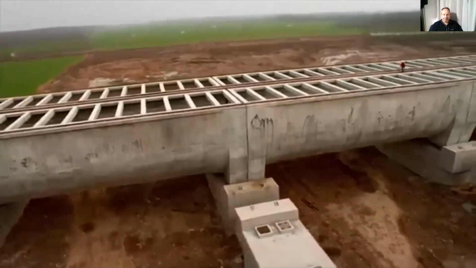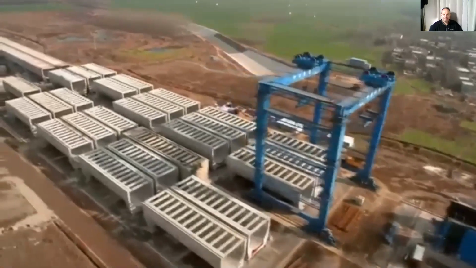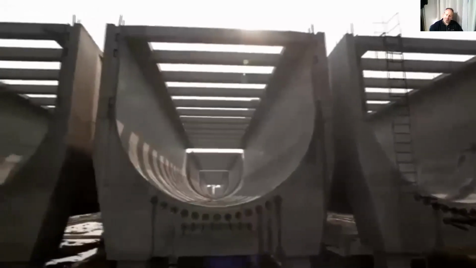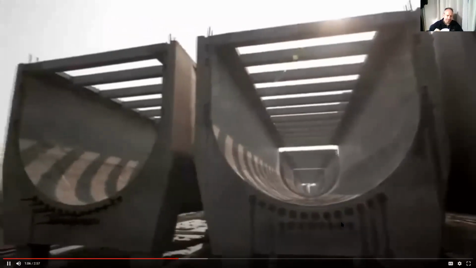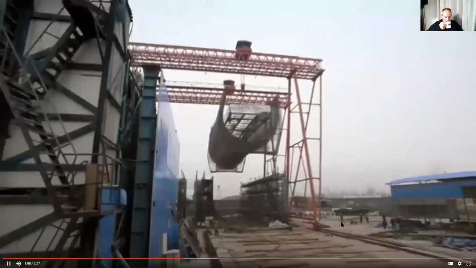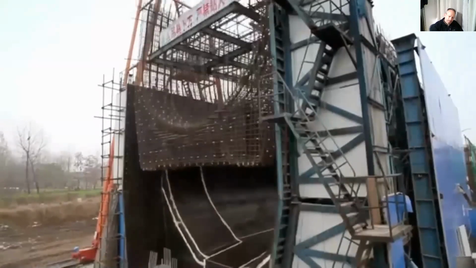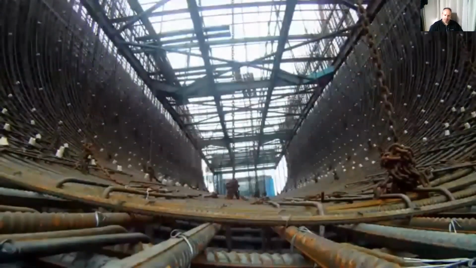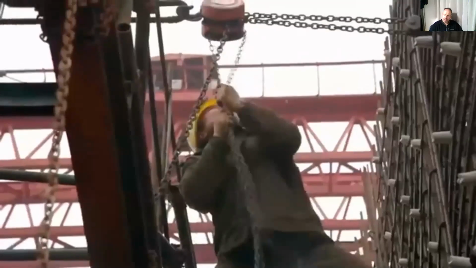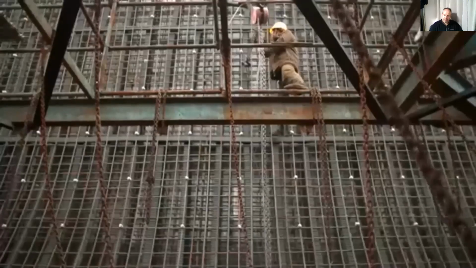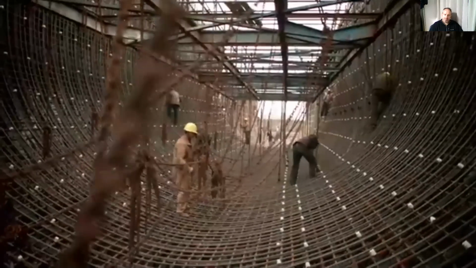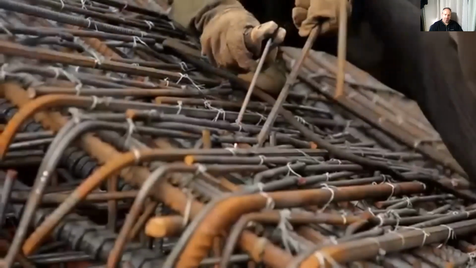Chinese workers and engineers are building the river piece by piece in separate sections. Each section starts as a metal framework. A team of 20 people filled the metal frame.